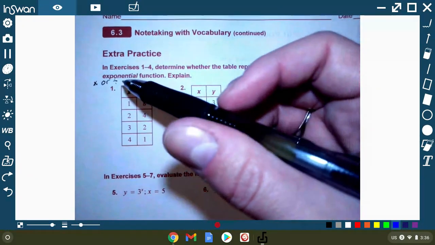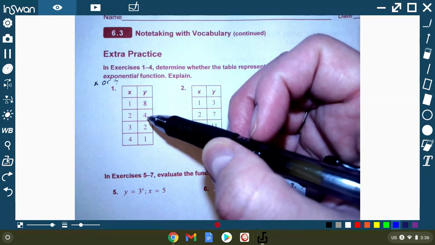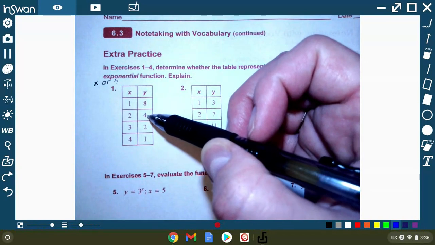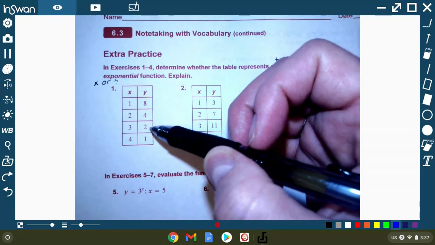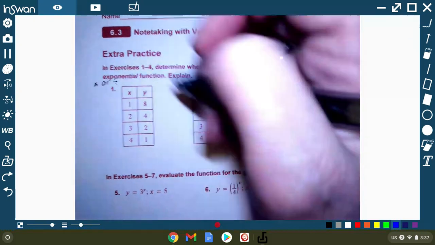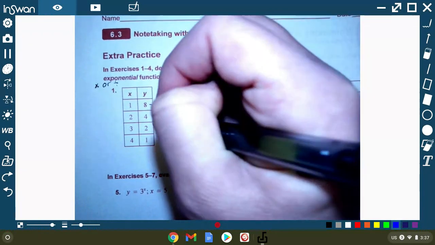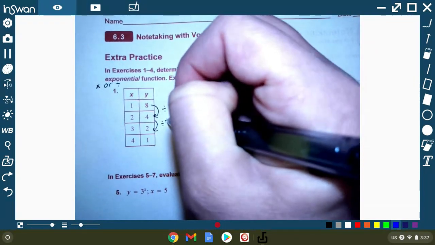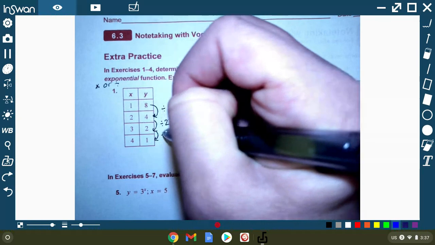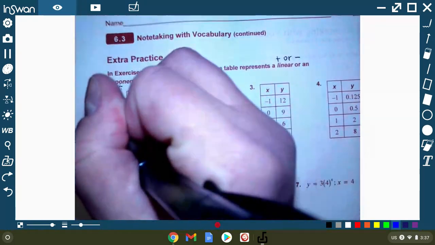So then what I'm going to try is see if I can do division. So if I think about 8 divided by what gives me 4, and in this case it's divides by 2. And if I take 4 and then divide it by 2, I get 2. And then if I take 2 and divide it by 2, I get 1. So basically these are changing by dividing by 2. And then if my values are dividing by 2, that means that this is going to be an exponential function.